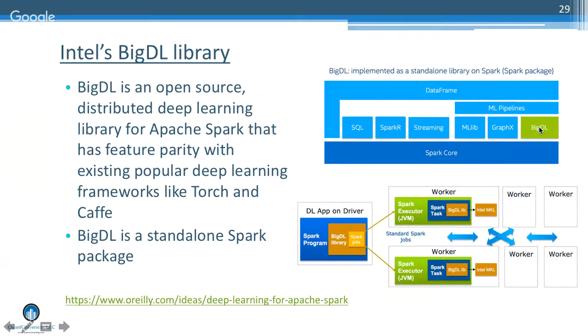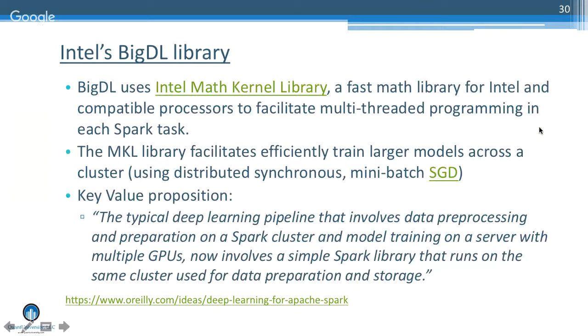It primarily uses MKL, which is Intel's Math Kernel Library, for multi-threaded applications for each Spark task. The primary use case is if you're training really large scale models, it uses distributed synchronous mini-batch stochastic gradient descent. So you're distributing it in a synchronous way.